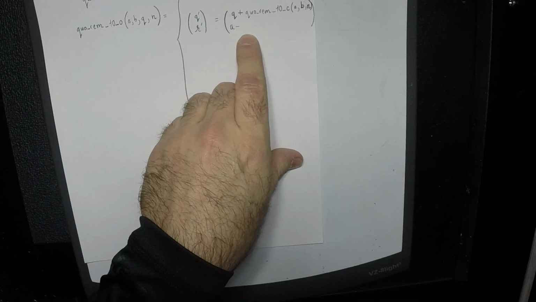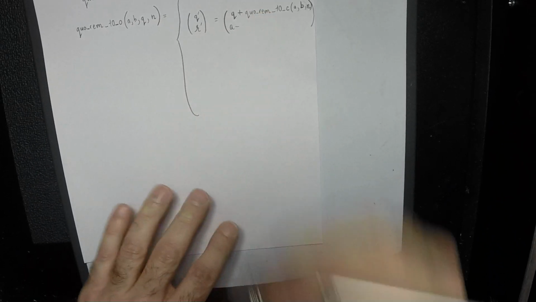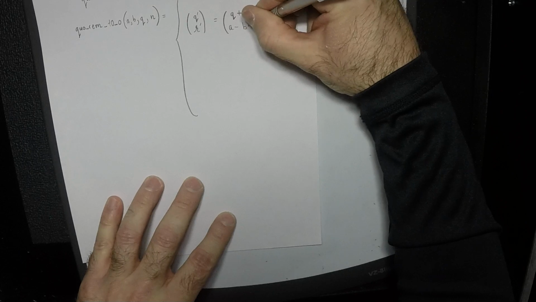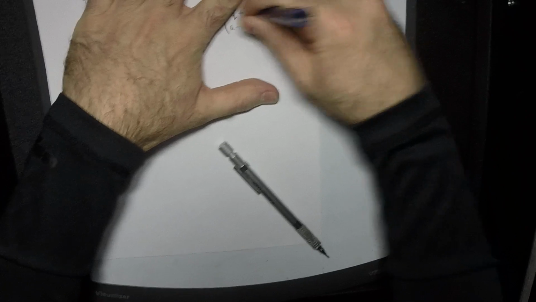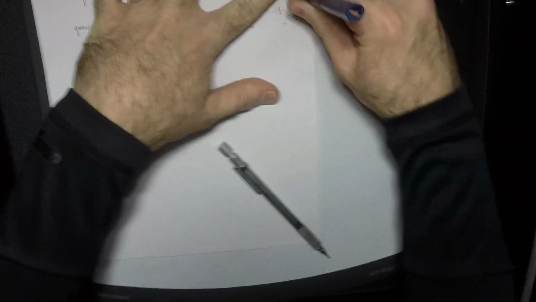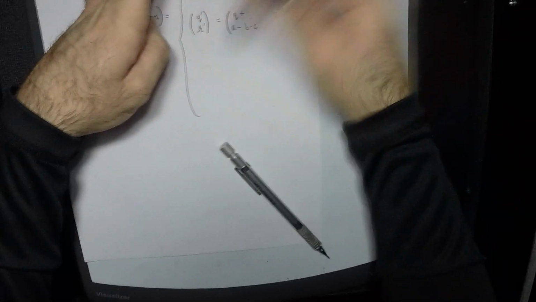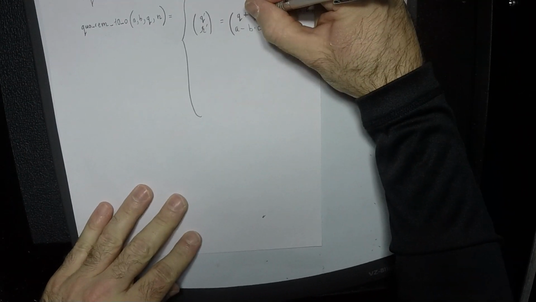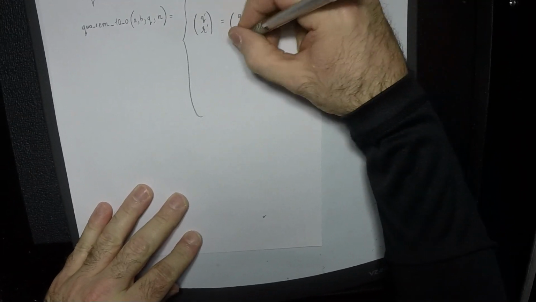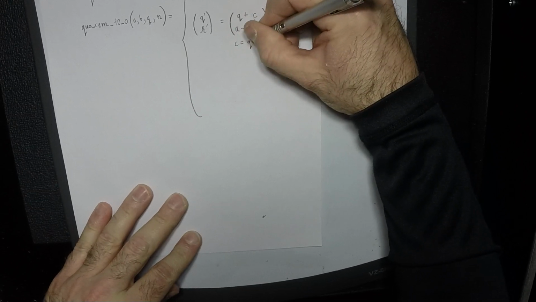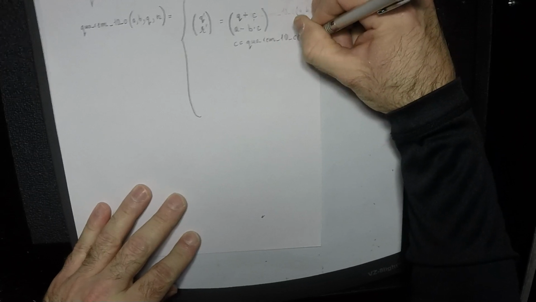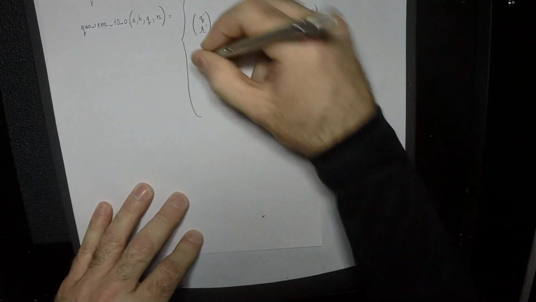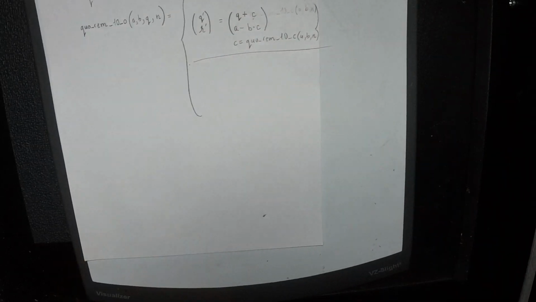It'll be B times that, so B times C. We could make this look slightly nicer and say that this is that, where C is equal to quo rem 10 c A B N. So if we find ourselves in that position, there's no more work to do.